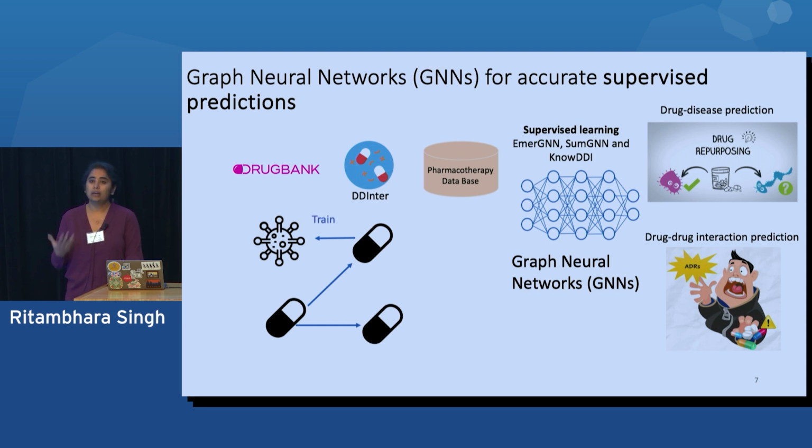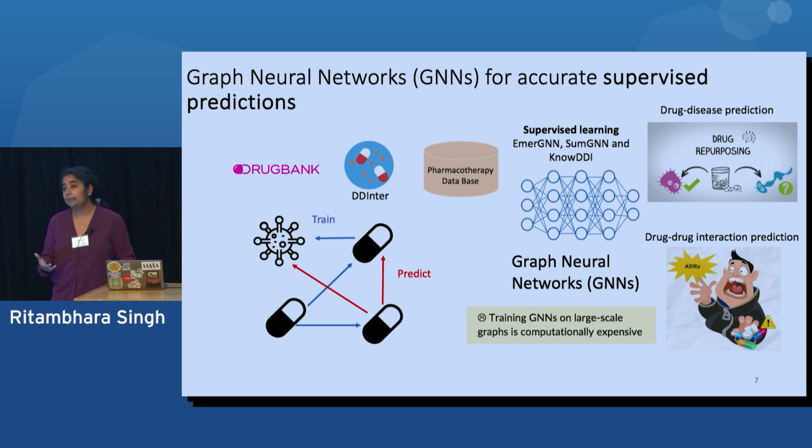And so you train a graph neural network on this graph representation. If you do a good job of training this graph neural network effectively, you can make predictions about new edges or new interactions based on the relationships that you have learned. And this works really well, but there are some disadvantages over here.